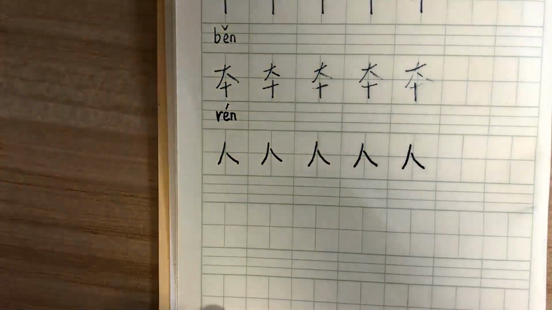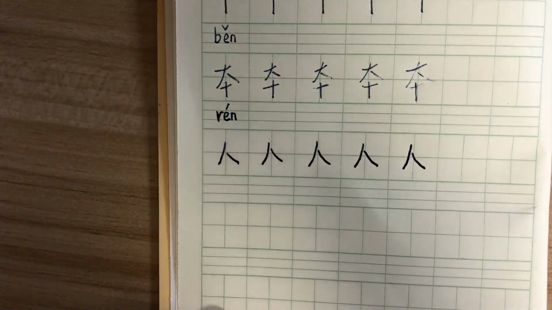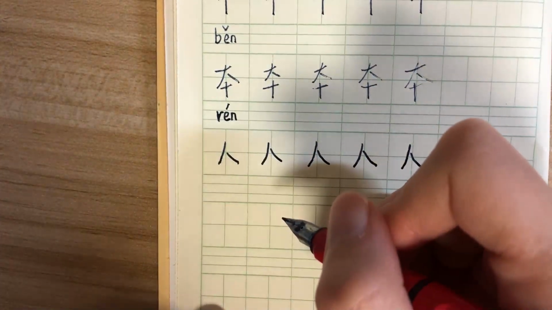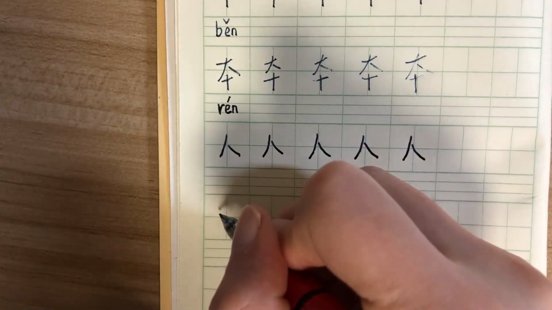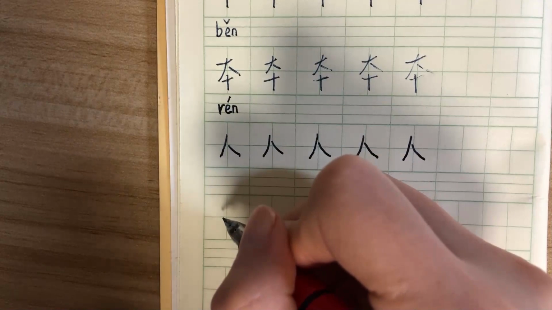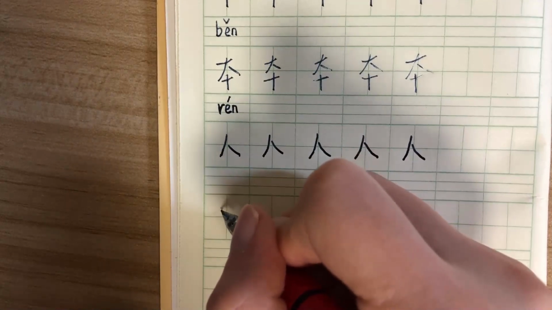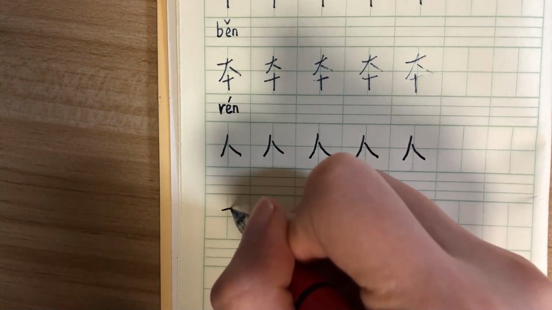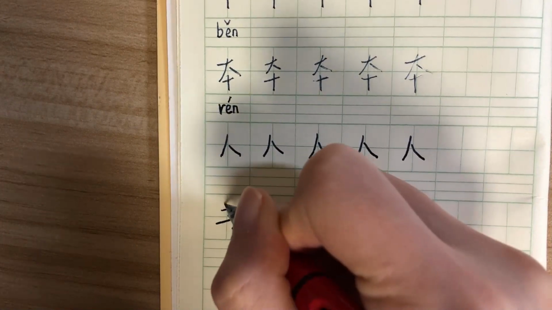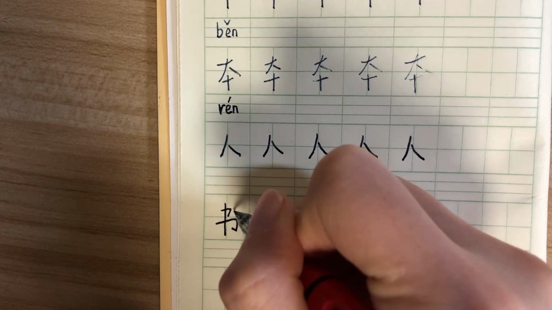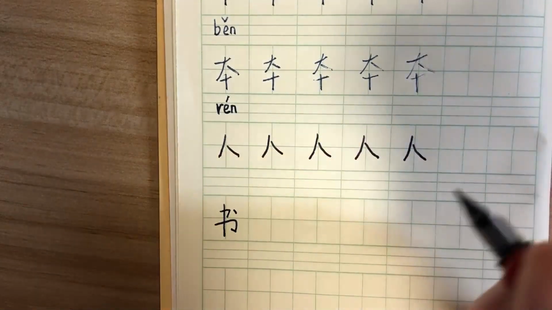Okay, and the last character is 书. It means book. 书 is a little more complicated than the previous ones. Pay attention to the strokes. The dot here.